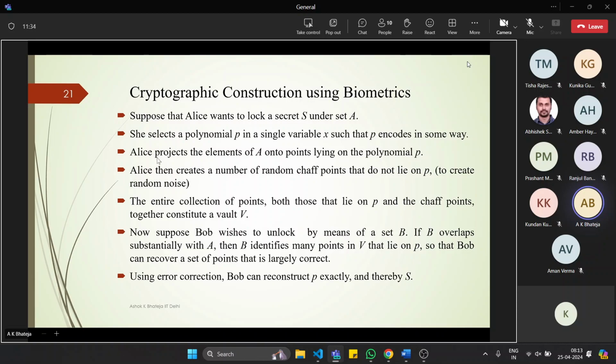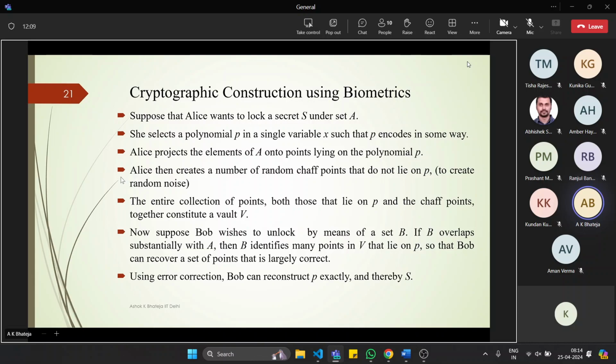And a sufficient number of points lying on the polynomial means the points from the biometrics should be known. So B should overlap substantially with A. Set A is the set of points, just like the minutia points of the biometrics. And B is also a set, that is, the set of minutia points in the case of a fingerprint.